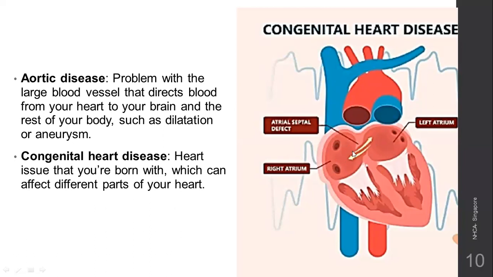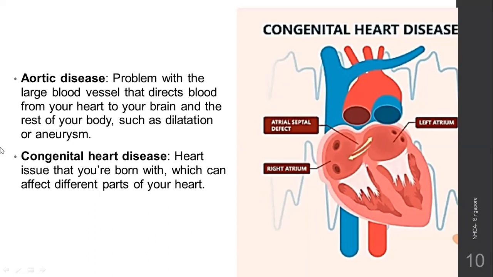This is abnormal. You see the opening here that connects the left atrium and the right atrium. It should not be like that. This is a defect. If this septal defect happens downstairs, in the ventricles, we call it ventricular septal defect. Since it is in the atrium, we call it atrial septal defect.